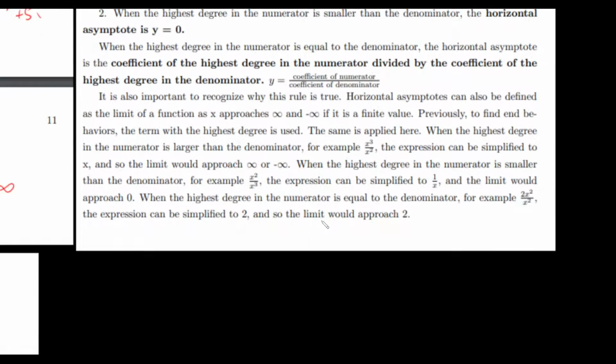So let's start with the first one. 5x to the third plus 3x plus 2 over 6x squared plus 2x plus 9. Remember when I said that as it approaches infinity or negative infinity, all of the smaller degrees start being insignificant? So while I'm doing this calculation, I'm going to take these out because they're so insignificant at these higher numbers.